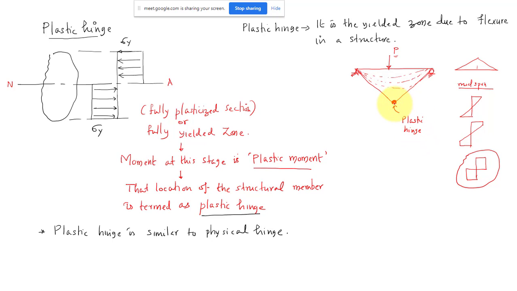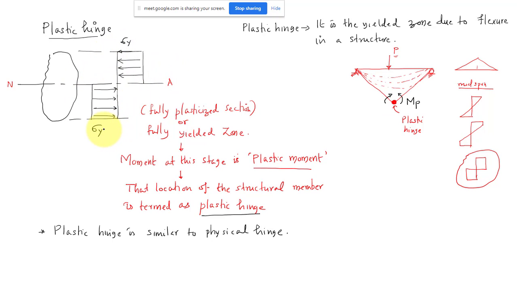The crucial thing about this point is, if you have a plastic hinge, what is the moment at that section? The moment will be Mp, the plastic moment. But once the plastic hinge is formed at that location, it means all the fibers of the section are yielded.